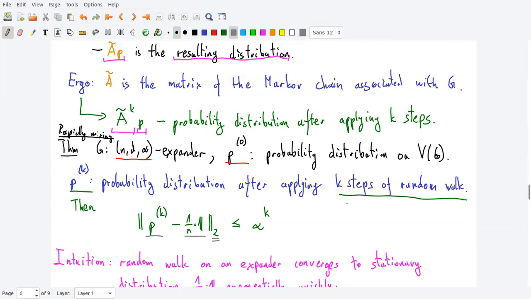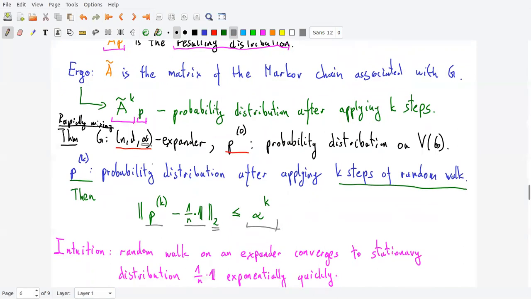So in L2 norm, the difference between these two distributions after K steps is at most alpha to the K, where alpha is our ratio of the expander. The better alpha you have, the quicker the Markov chain converges to the stationary distribution in L2 norm.